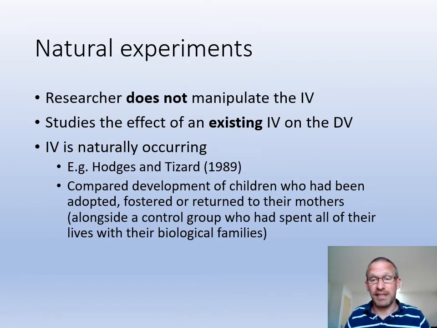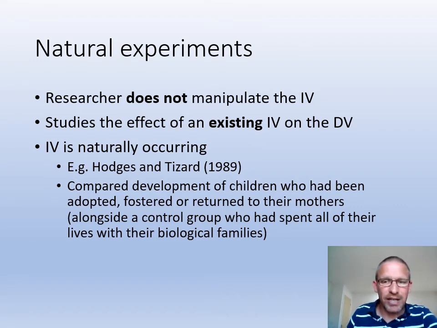So you've got different conditions, but for obvious reasons it wasn't allocation to those conditions. It happened anyway, and so therefore you can measure those differences. So yes, you've got your conditions of the independent variable, but they were naturally occurring. They were there anyway, and then you're measuring the outcome. So sometimes this is useful when it isn't ethical to allocate to conditions.